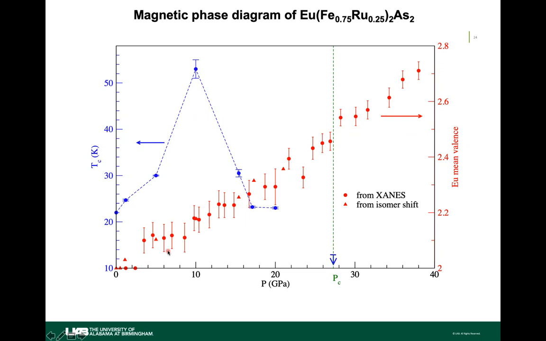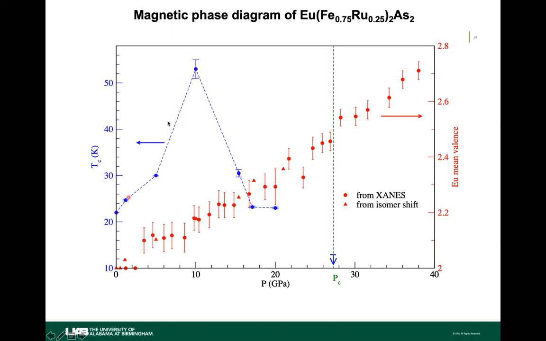And especially in this region here at the lower pressure, we actually saw a continuous increase of the magnetic ordering temperature, even though the mean valence of europium is going up. So what's going on, I think likely, is the magnetic exchange interaction under pressure is enhanced.